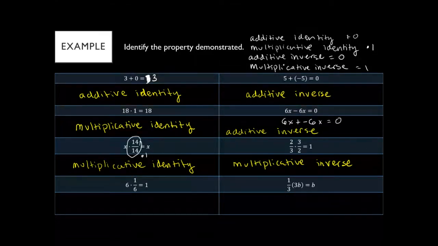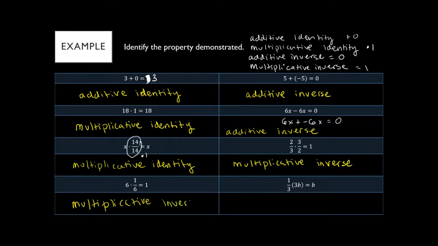That is, again, the multiplicative inverse. They are multiplying to cancel out and equal 1, and that is the more traditional form that you'll see a problem like that.